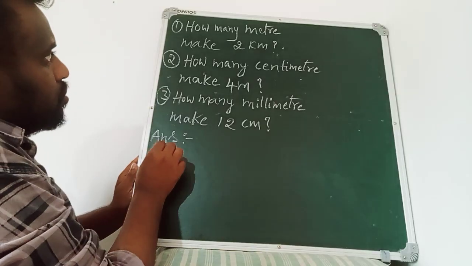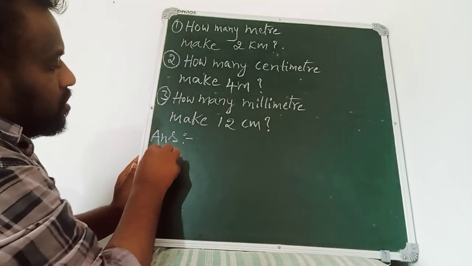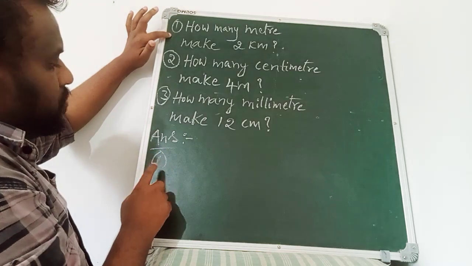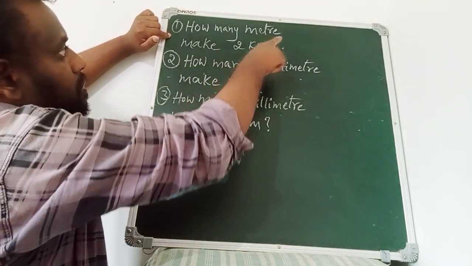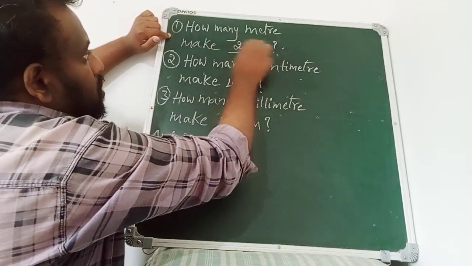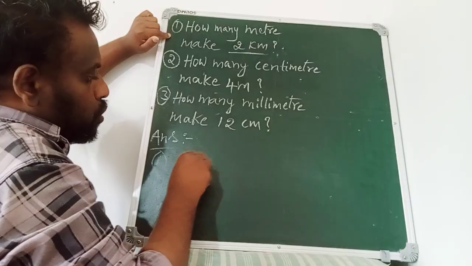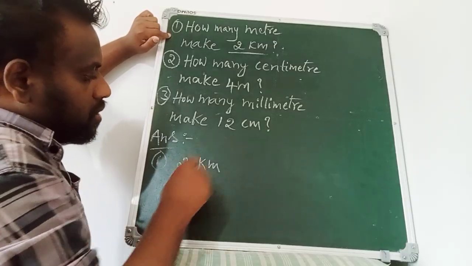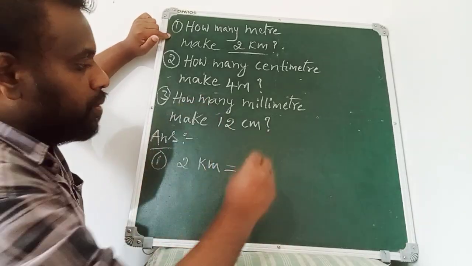So, the answer for the first question, I will write 1. First I will tell you the meaning of this. How many meter make 2 kilometer means 2 kilometer is equal to how many meter?